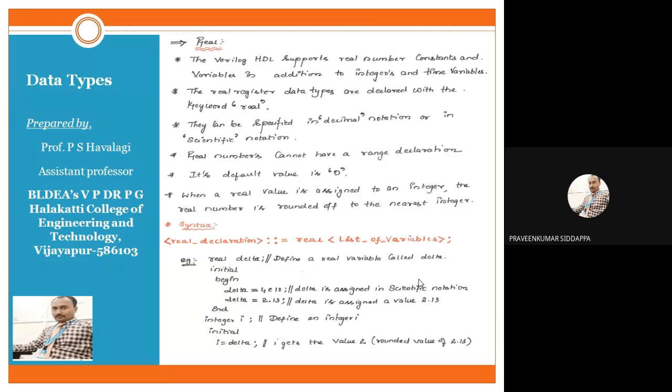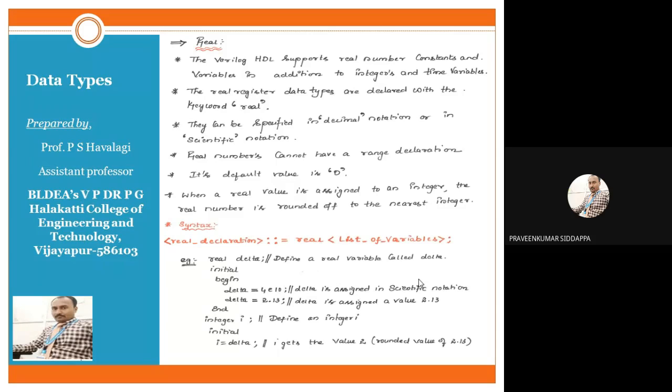So how should a real number be written in your Verilog? Here we have mentioned some 3 to 4 points about real numbers. Verilog HDL supports real number constants and variables in addition to integer and time variables. Whenever we have to give an integer 4 as input to your hardware, 4 is an integer value, so directly we apply it.